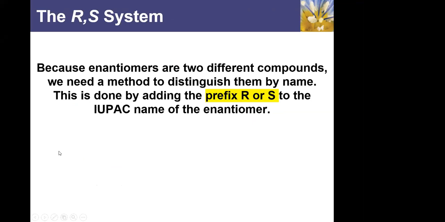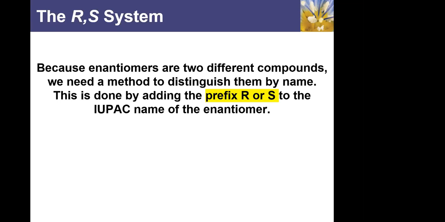That was all about enantiomers. So what did we learn? If these two are enantiomers, because they are chiral, with 4 different groups attached, then both of them have the same molecular formula, same connectivity, same physical properties, same chemical properties, but different biological properties.